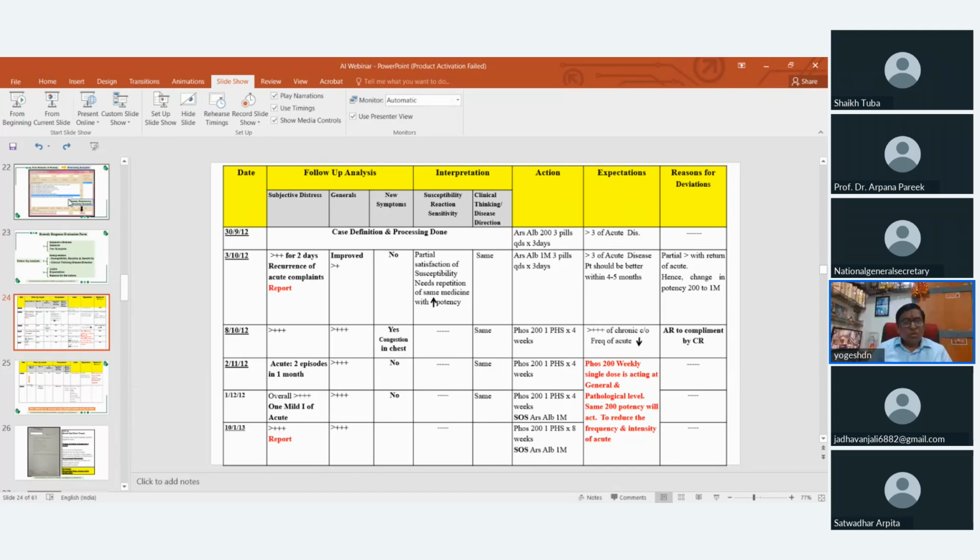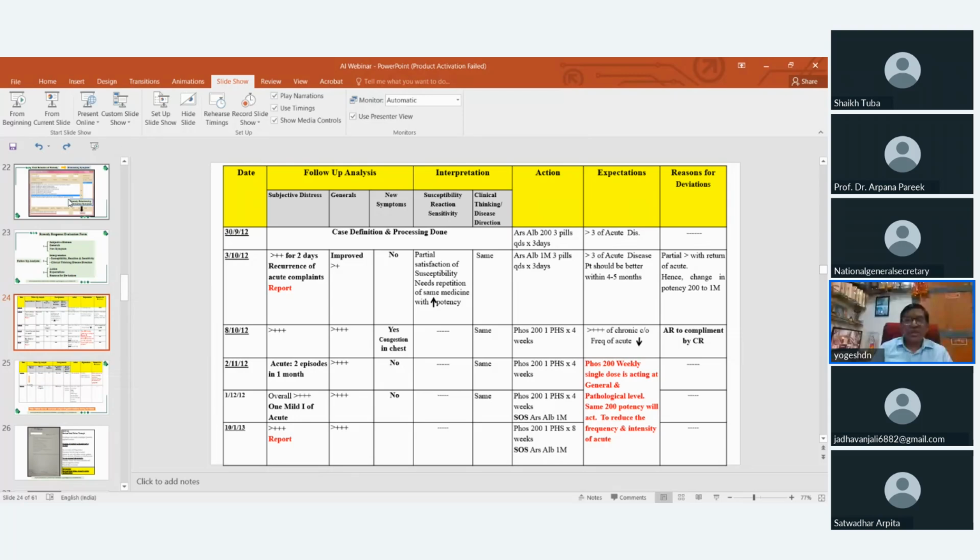So at first, as I had mentioned, Ars. alb. 200 was given as a part of acute. Now what expectation am I having with Ars. alb.? That it should ameliorate. So I am clear because I had worked on that. It is not something which we have not taken into due consideration and we are prescribing, but we have worked on it.